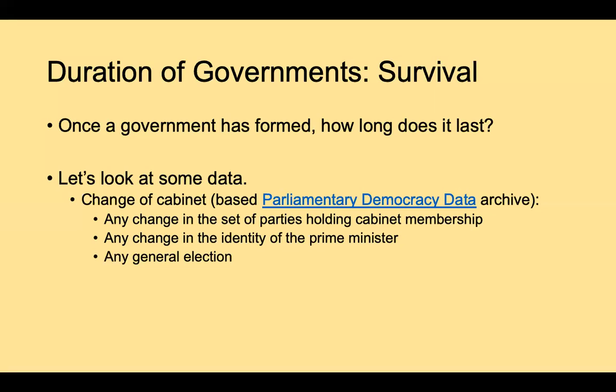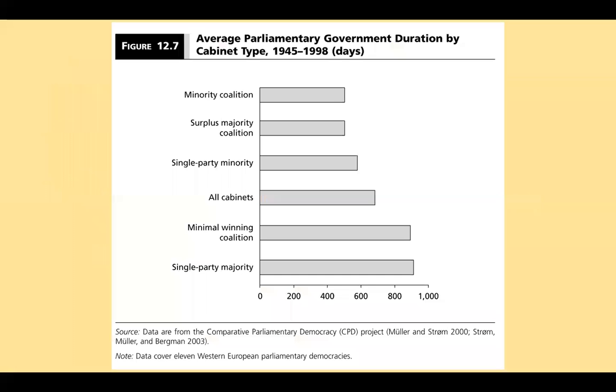or any general election, which would ordinarily also result in a new government through a legislative election that would result in a coalition that would form after the election. These are all different changes that could be reflected in the cabinet, and we'll use parliamentary democracy data to try to understand this.